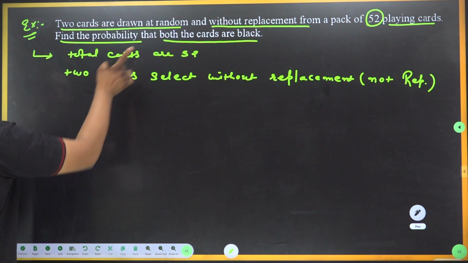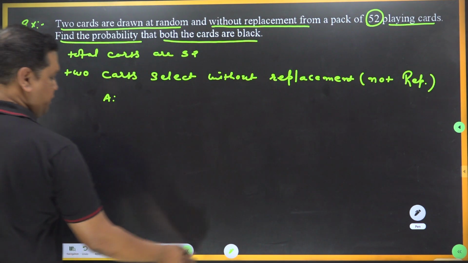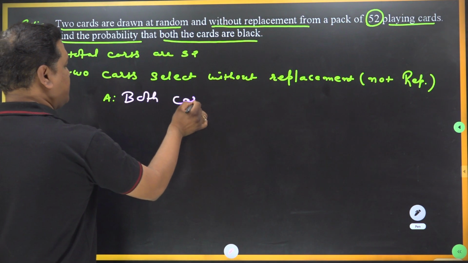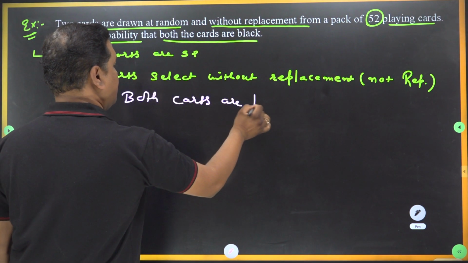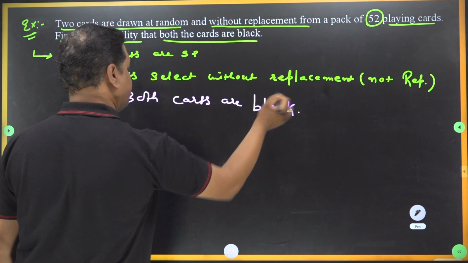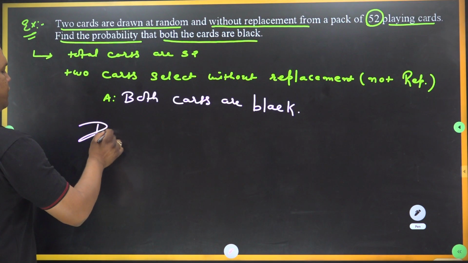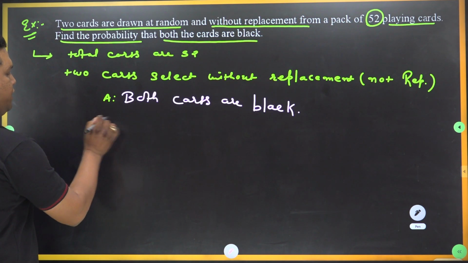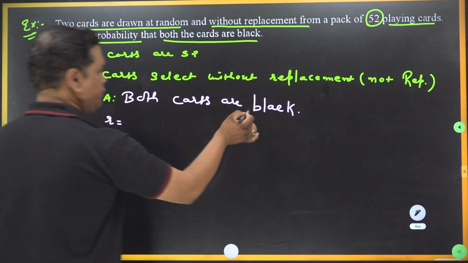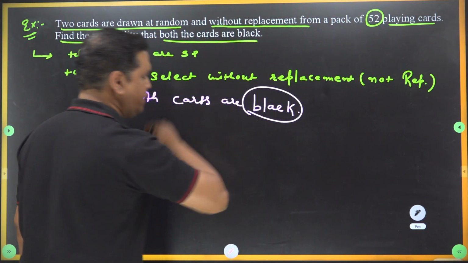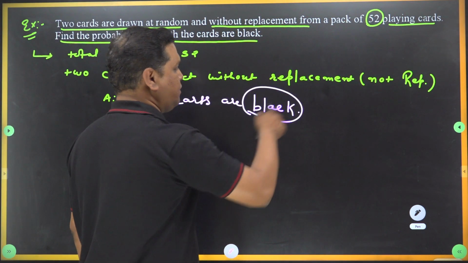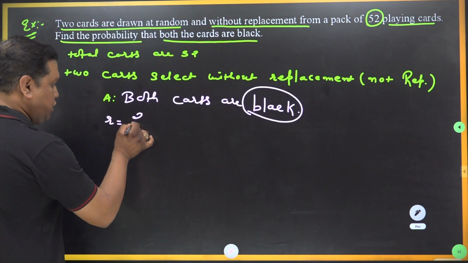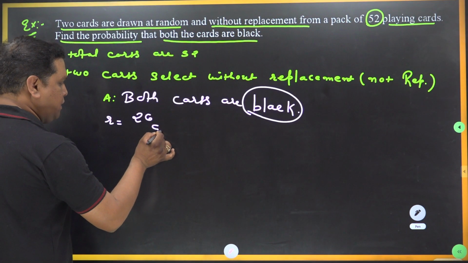Now both cards are black. Event A. Both cards are black. So P of A. We will select elements. Total black cards, black means club and spade. So total 26. Select 2 cards.